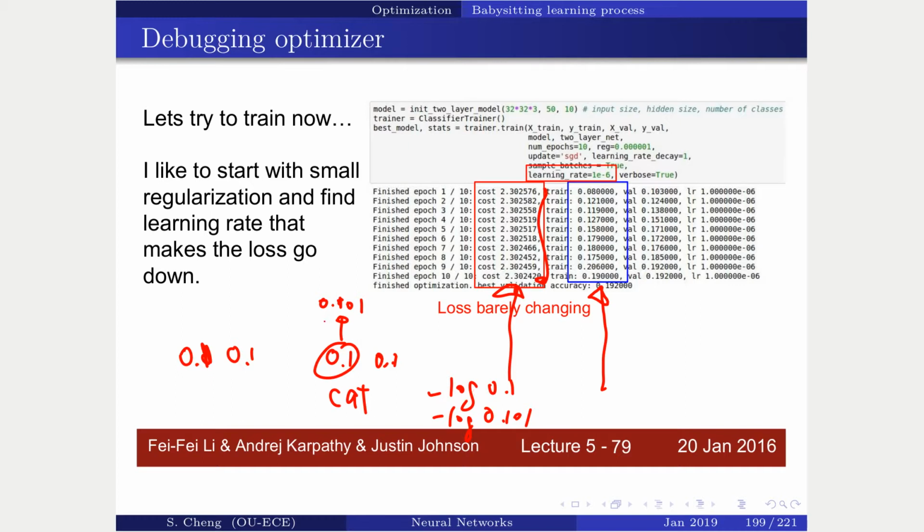But this 0.101 is sufficient to push the accuracy up, because accuracy just counts the one that wins. The class that gives us the highest probability is the one we designate, here the cat. Even though it barely wins over the rest of the classes, we already consider it a win, so the accuracy went up. We consider this a correct classification.